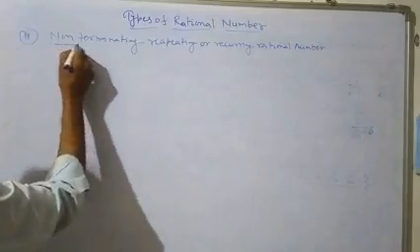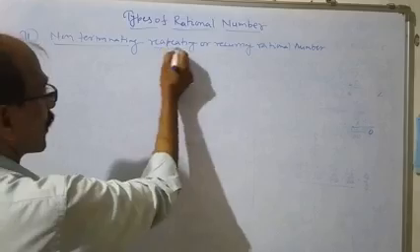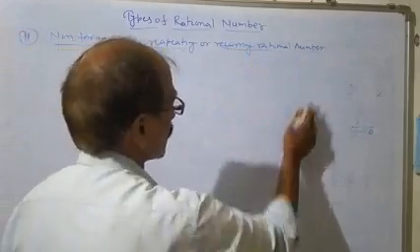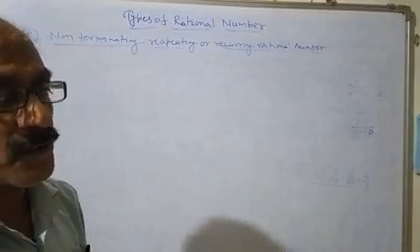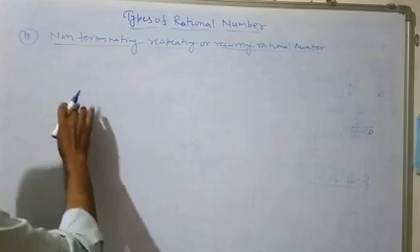Here are the three names: non-terminating, repeating or recurring rational number. The same definition but one difference.